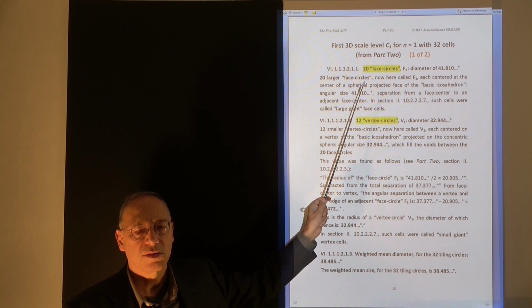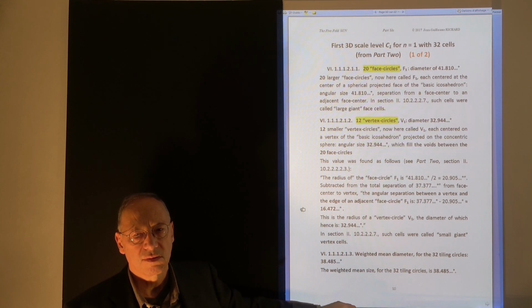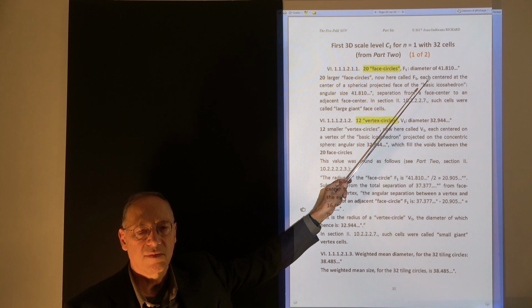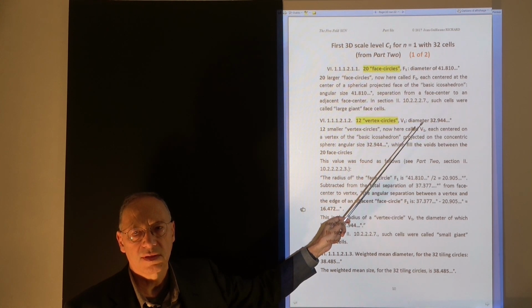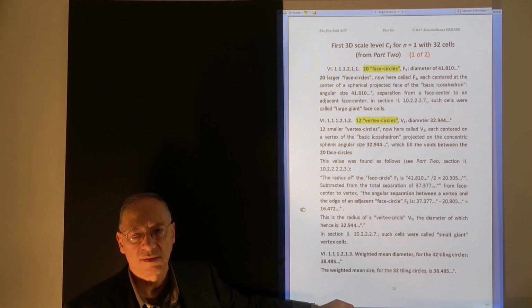There are 20 so-called phase circles and 12 so-called vertex circles, as you saw. The sizes of these tiling circles are respectively about 42 degrees in diameter and 33 degrees in diameter.